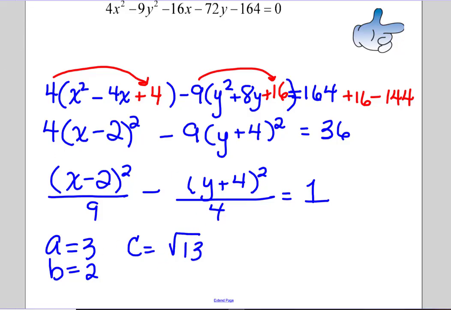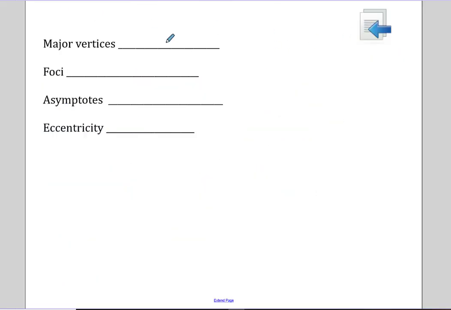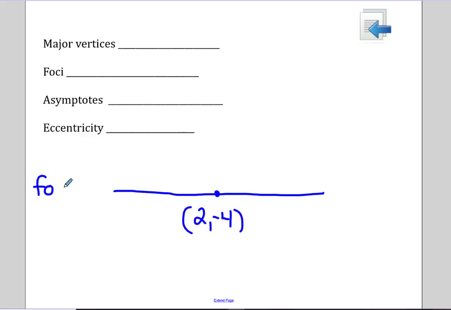So putting all that together, our major vertices are going to be located at, let me draw a little sketch here. If this point here was our center, which was located at 2, -4, and I'm calling this my focal axis, or my transverse axis, and I've got a branch over here, and a branch over here, and one of my focal points is here, and another one is here.